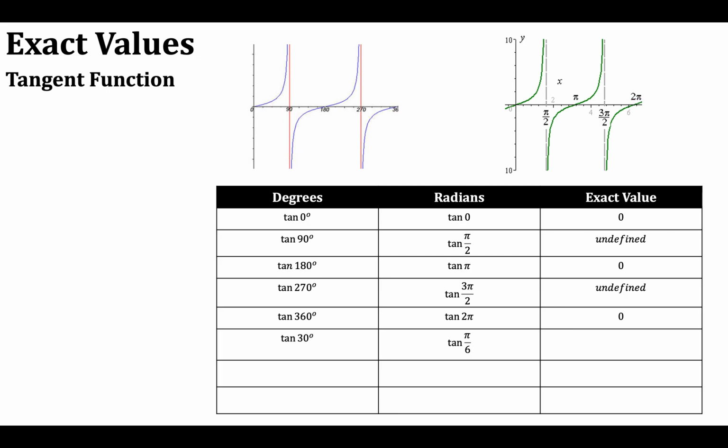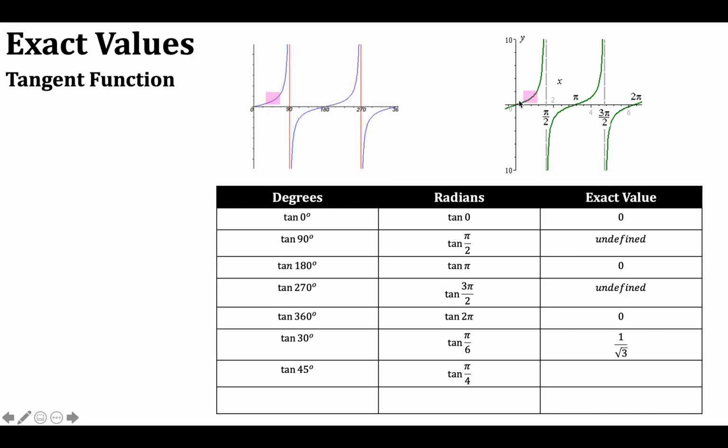Now let's look at tan 30 this time, or tan of pi over 6. Again, not that obvious what this exact value is going to be, so it is 1 over root 3. We now look at tan 45 or tan pi over 4.